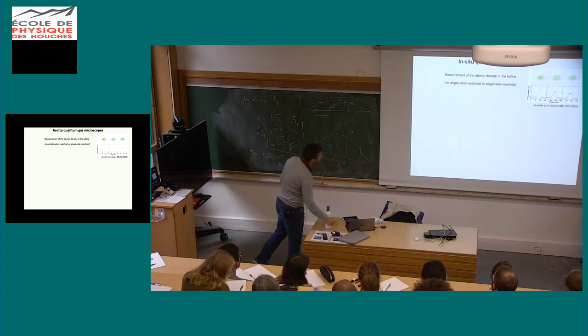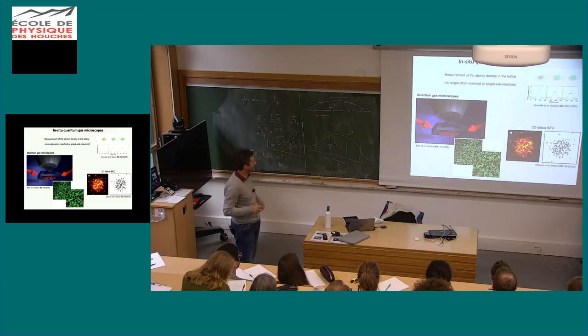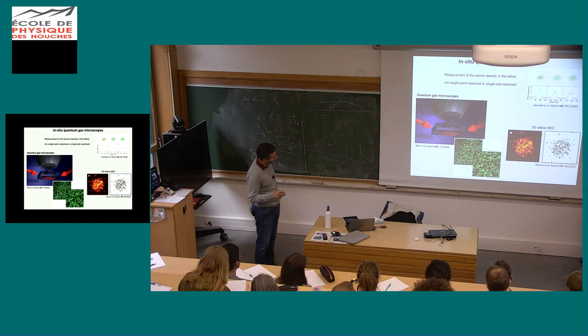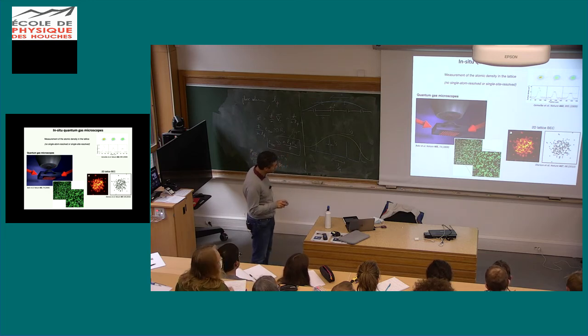Just at the same time came out those so-called quantum gas microscopes. The feature of this microscope is that it can resolve each lattice site and tell whether or not you have an atom in a lattice site. You can see this discretized square structure here.